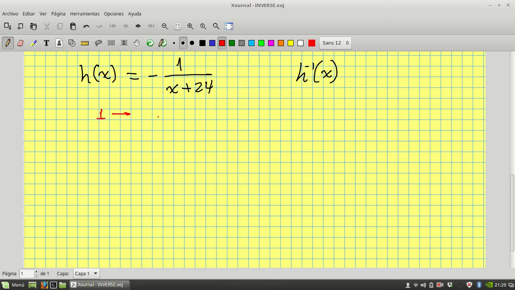we're going to change the notation of function notation to y notation. Why? Because this is the way that it's easier to use algebra. The second step is to change x and y. Interchange x and y. The third step is to solve for y.